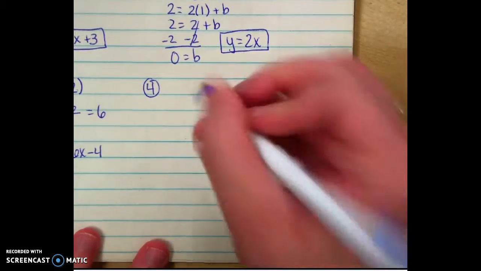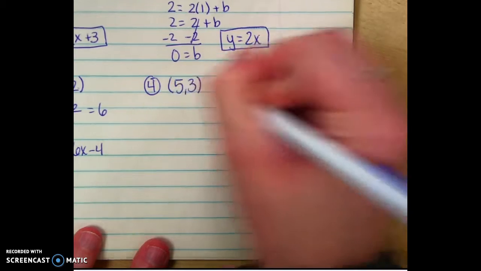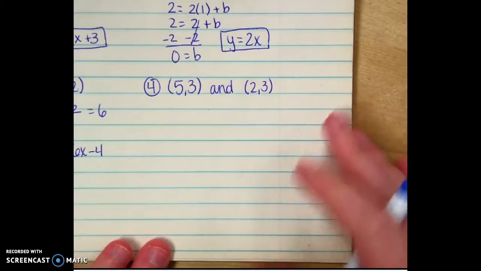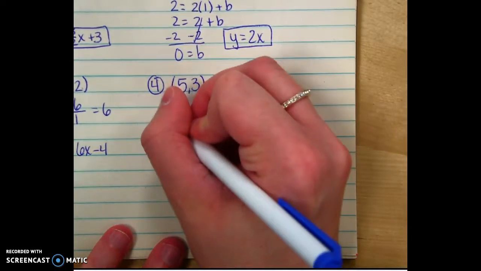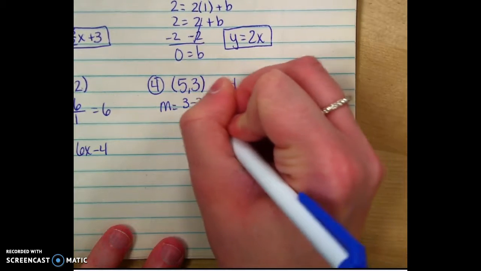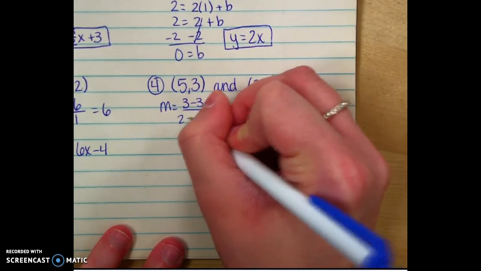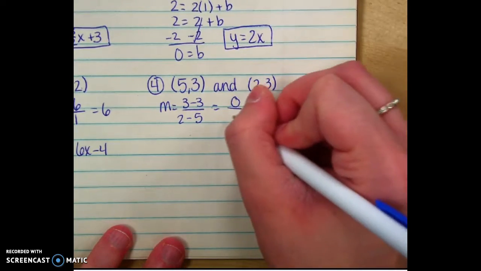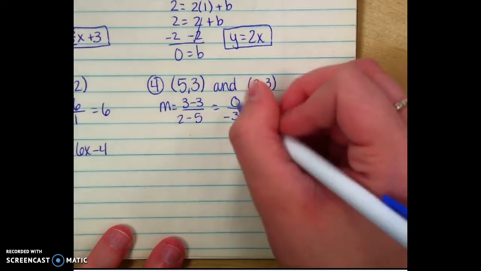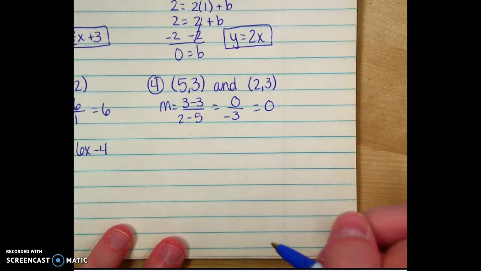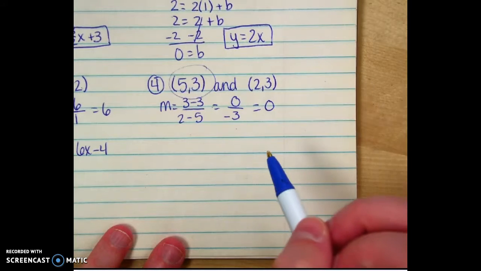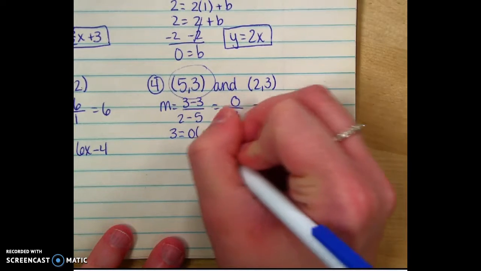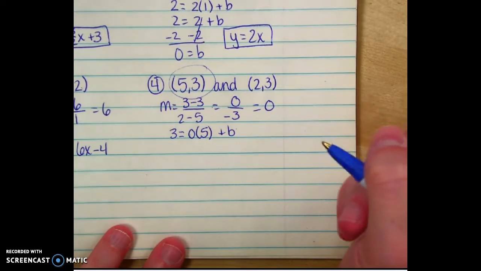Okay, let's do 5, 3, and 2, 3. So I start with my slope. So that's 3 minus 3 over 2 minus 5. 3 minus 3 is 0. 2 minus 5 is -3. 0 divided by -3 is 0. I'm going to substitute that into the slope-intercept formula. So that gets me 3 equals 0 times 5 plus b.